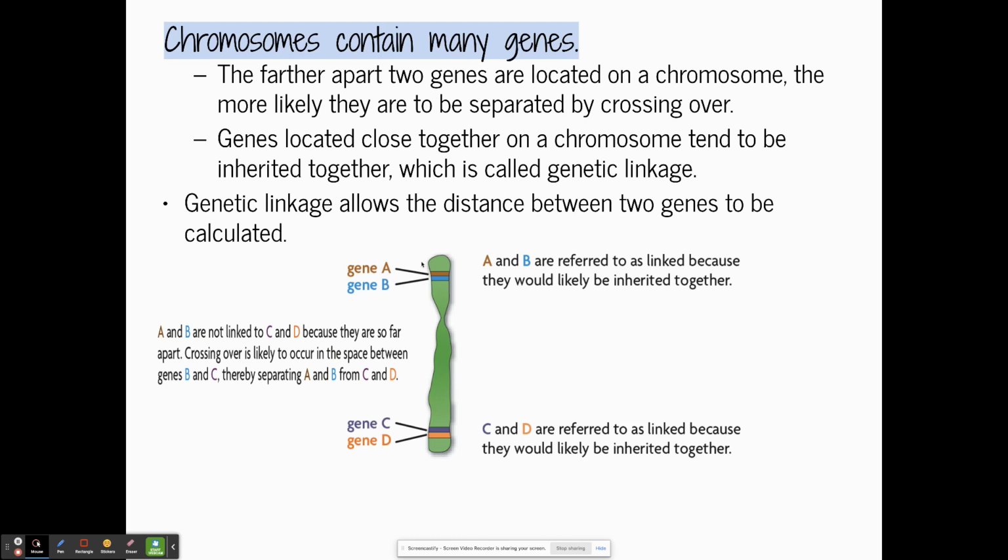When these segments switch information, genes that are really close together tend to be inherited together, which is called genetic linkage. Genetic linkage allows the distance between two genes to be calculated, so we can see how close or far apart genes are based on these linked genes.